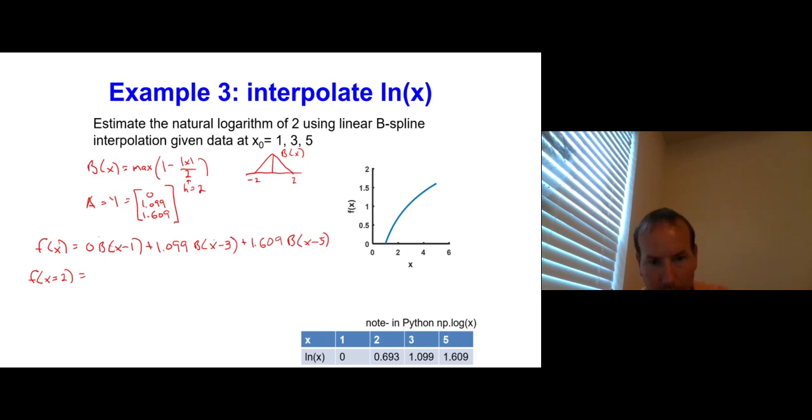The second term is 1.099 times max of 1 minus, and notice that because this is x minus 3, up here is 2 minus 3, because 2 is the value of x, and 3 is the shift of this basis function, divided by 2.